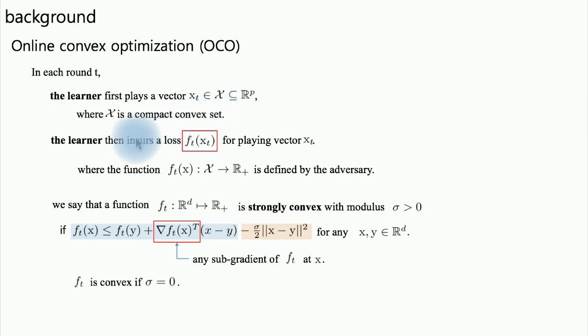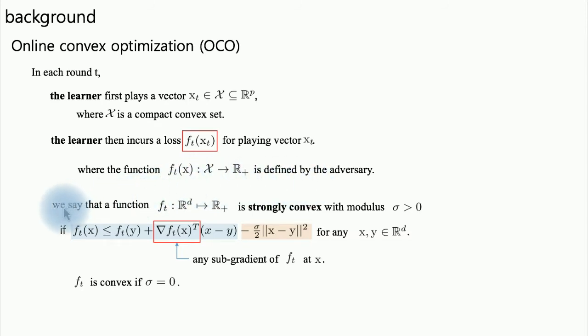The learner then incurs a loss ft(xt) for playing vector xt, where the function ft is defined by an adversary.